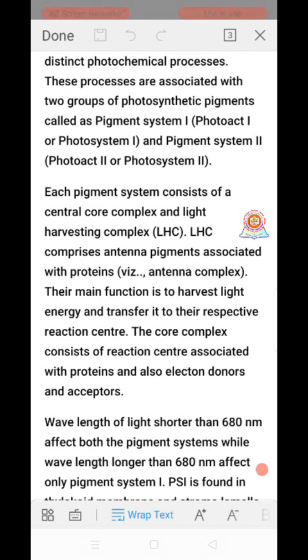In that group, a central core is present, along with the light harvesting complex and the associated pigments, which act as antenna pigments. The role of the antenna pigments in the pigment system is to harvest light and supply it to the reaction center.